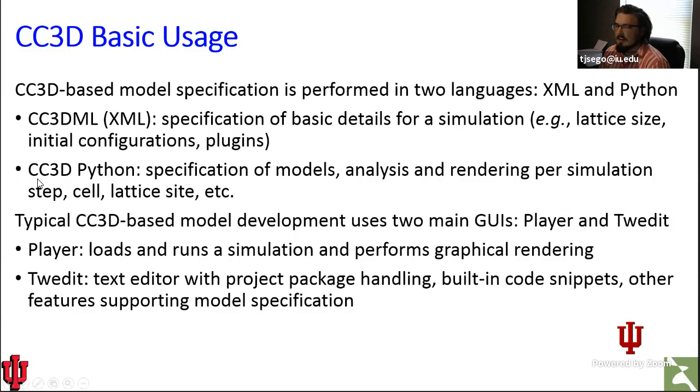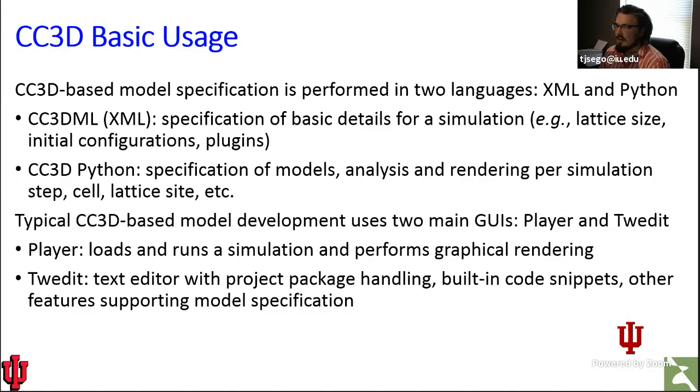Whereas the finer things are done in CC3D Python. We do all of our fine-grained modeling in CC3D using the Python programming language. This is set up so that model specification can be done to describe events and attributes, and so on and so forth, per simulation step, per cell in the simulation, per lattice site in a simulation domain.